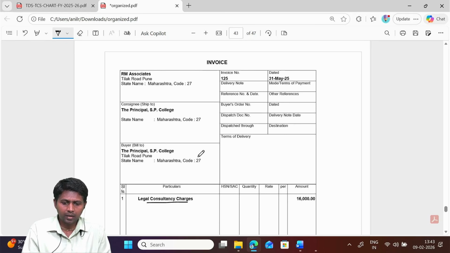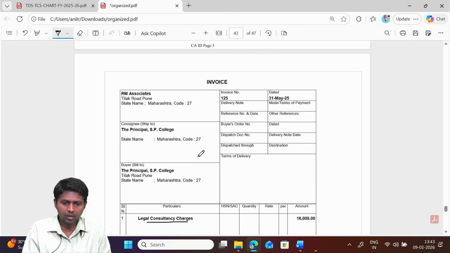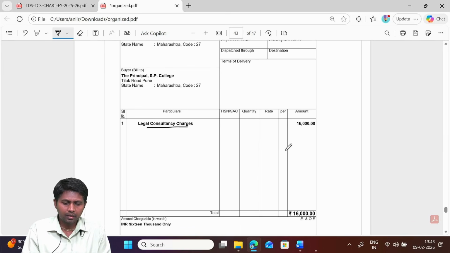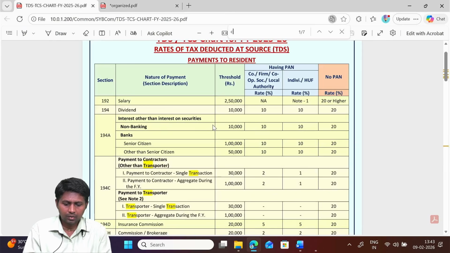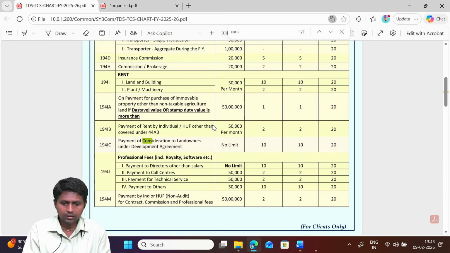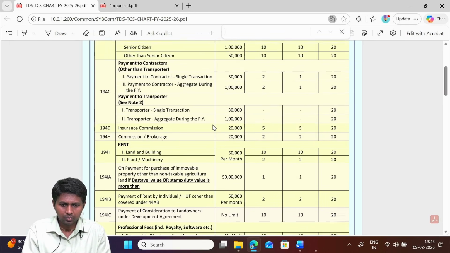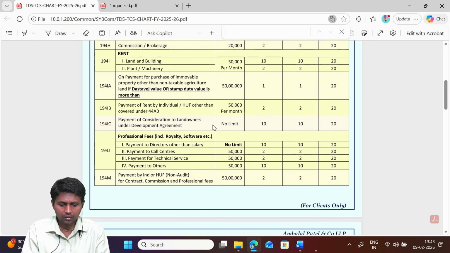And legal consultancy. Now you can type here consultancy fees. Here do we have consultancy professional fees? Correct.